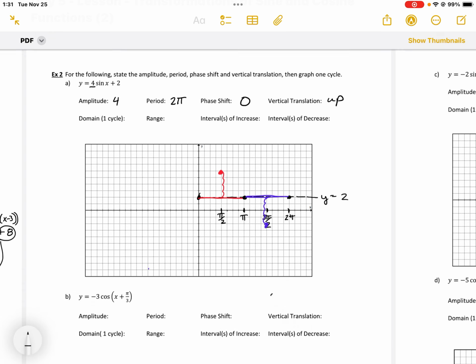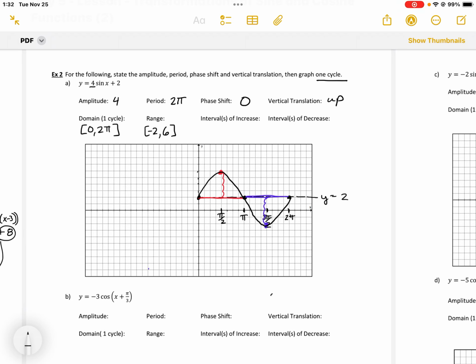Then I know what sine looks like, so I'm going to connect those dots and know that it satisfies those values. After I graph it, I can fill in these remaining parts. So my domain is in between 0 and 2 pi because I'm only graphing one cycle. I know that my range is going to go from -2 to positive 6, because that's my lowest y value to my highest y value.